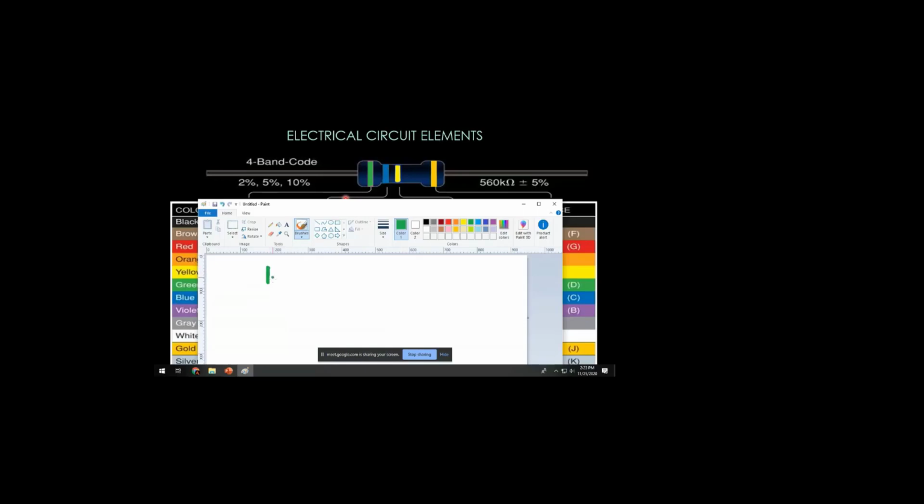The first band is green, so you have to put 5 over here. The second band is blue, so you have to put 6 over here, and the third band is yellow, so you have to put 10 power 4. So the net result will be 5,60,000 ohms.